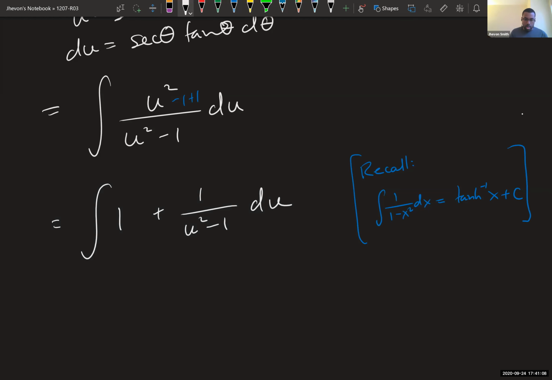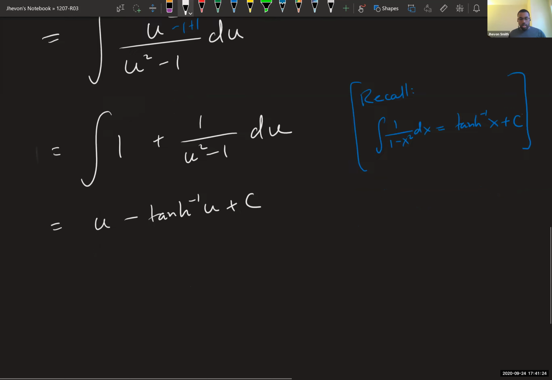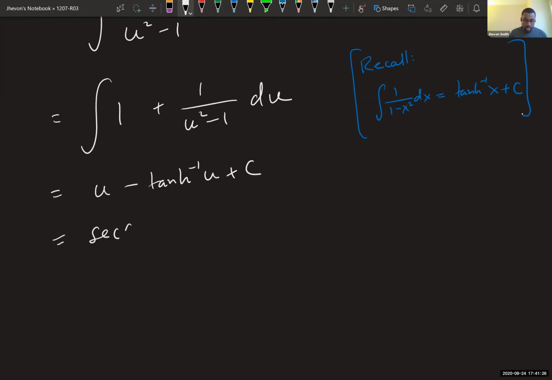And so I can actually integrate this as u, the integral of 1 is going to be u, and the integral of that guy is actually going to be the negative tanh inverse. Of course, your u is secant.